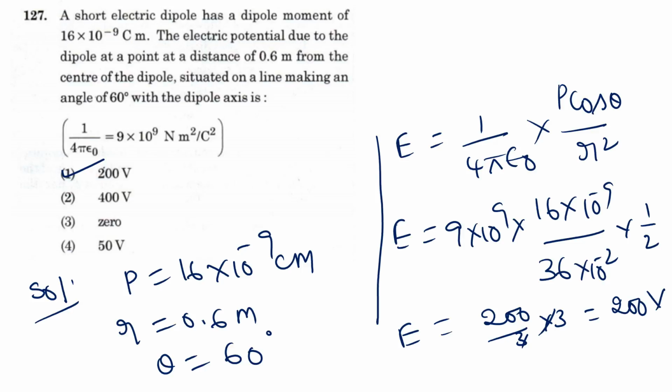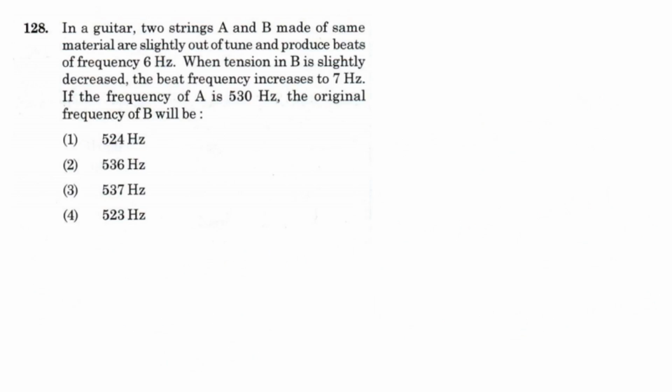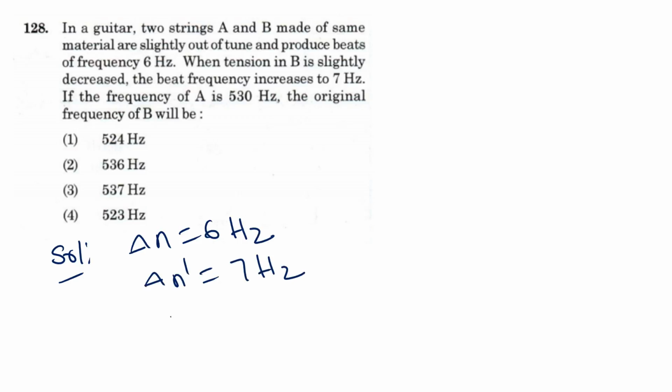Next we will go to question number 128. In question number 128, in a guitar, 2 strings are given. So we are writing the solution: delta n is equal to 6 hertz and delta n dash is equal to 7 hertz and Na is equal to 530 hertz, and we are calculating the frequency of the second body.